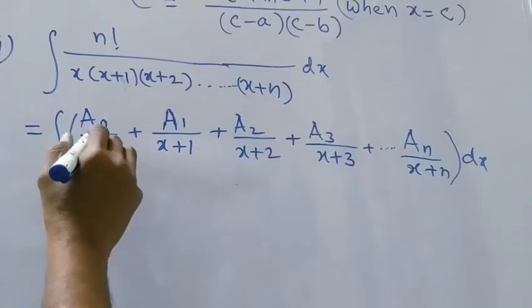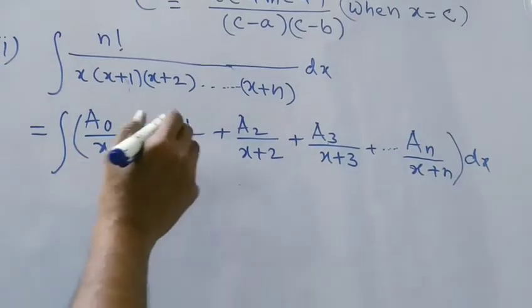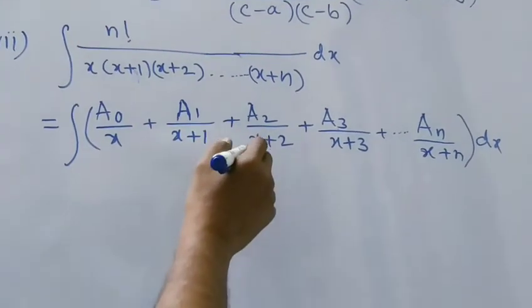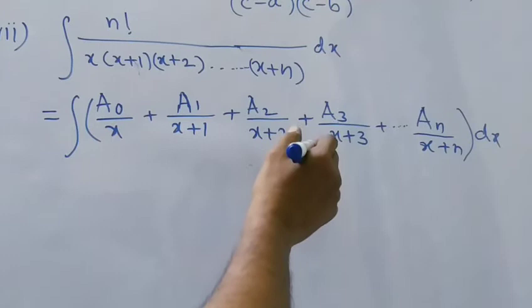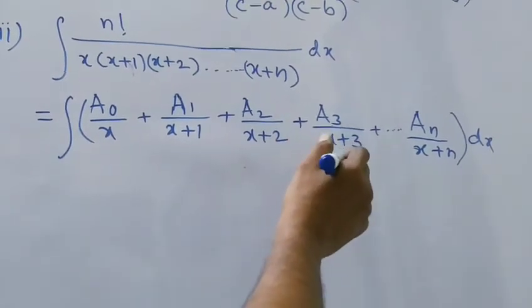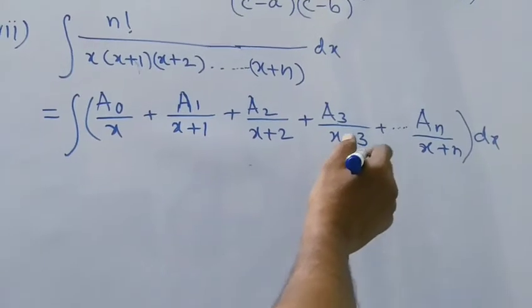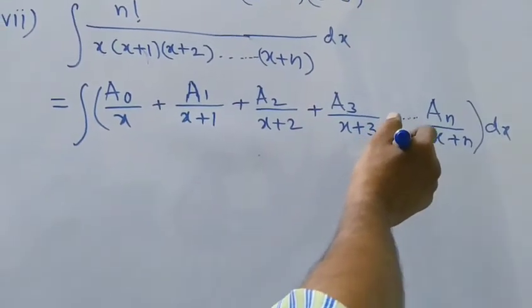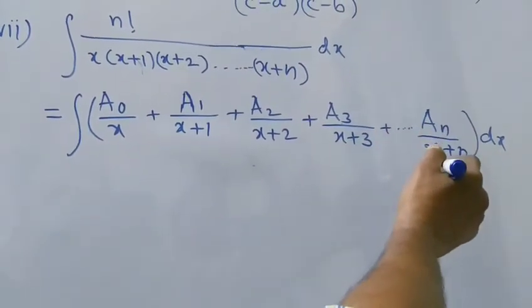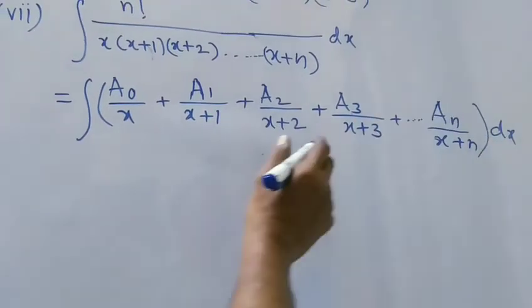Integral of a naught by x plus a1 by x plus 1, a2 by x plus 2 plus a3 by x plus 3 plus a4 by x plus 4 plus a5 by x plus 5 and so on up to an by x plus n all dx.